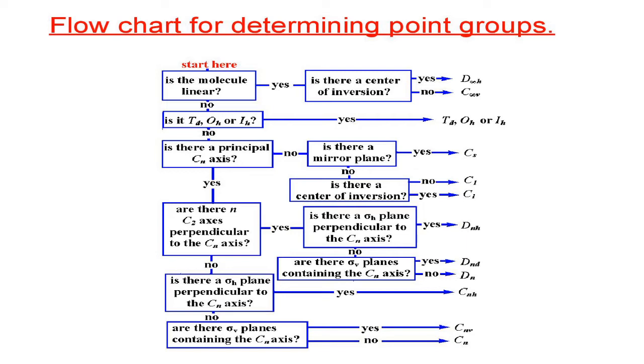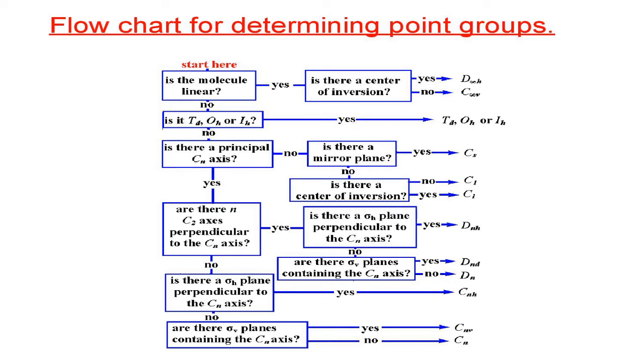If the molecule possesses a perpendicular C2 axis together with the main axis, then the index is D. And also if the molecule possesses sigma h, we can directly write the point group as Dnh. If no, we can directly write Dnd, and also if it does not contain any such plane, then we can write Dn.